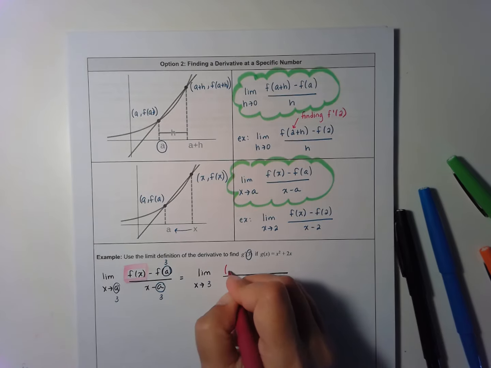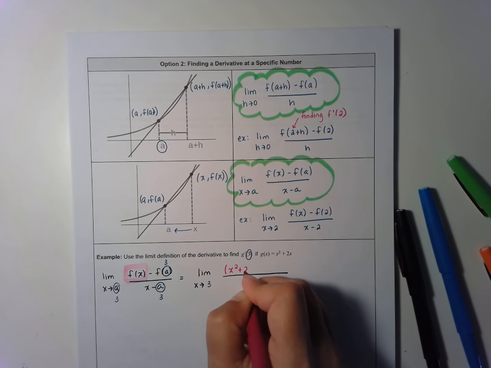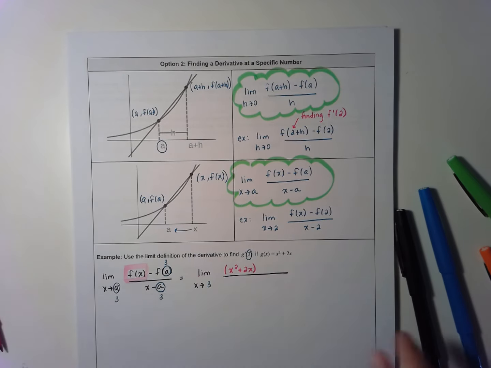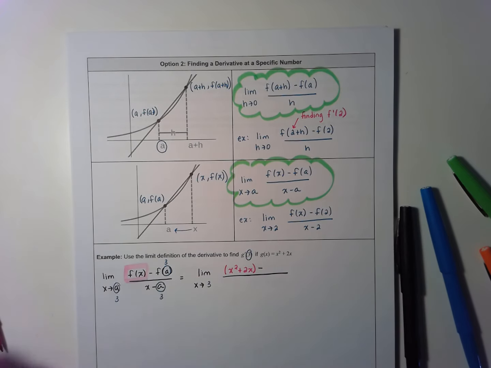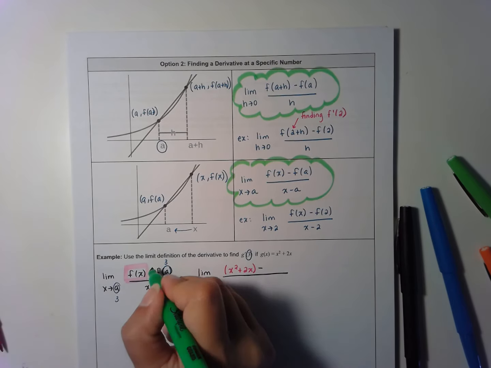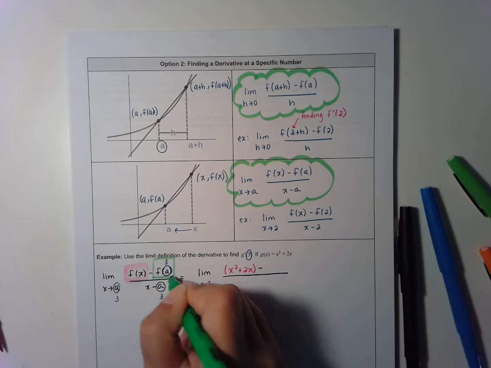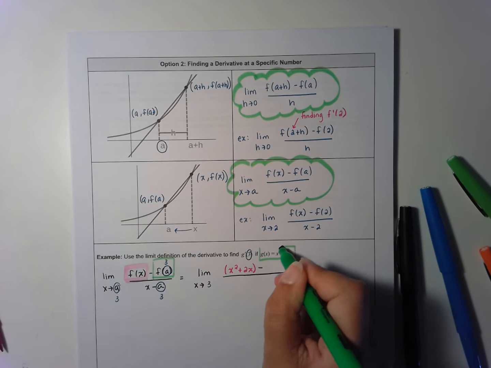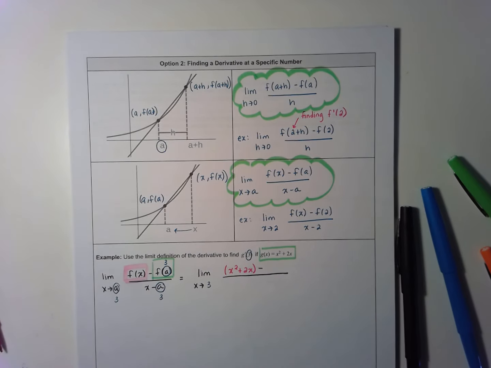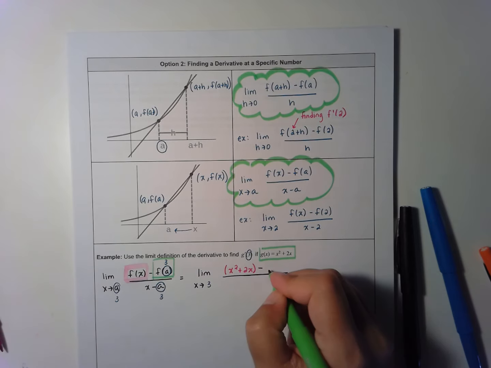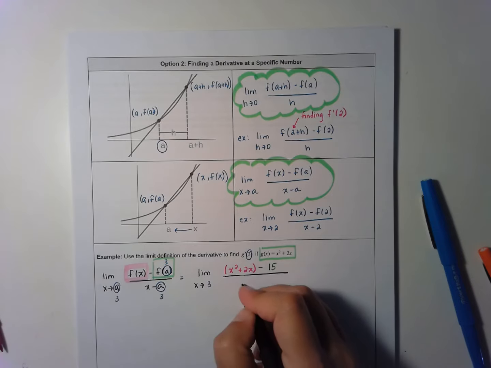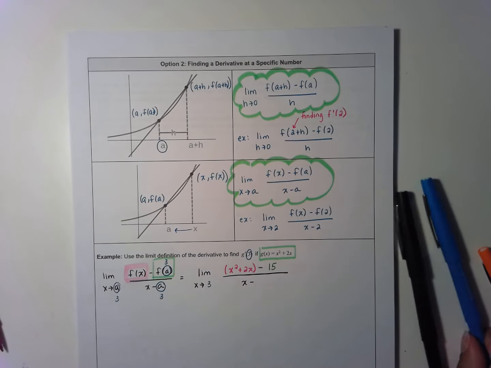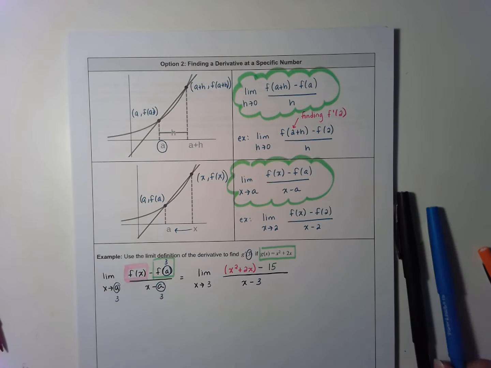So that would be x squared plus 2x minus, now instead of f of 3, I would just take the number 3 and plug it into g of x. So this means plug the number 3 into your actual g of x function. And if you do that, you get 9 plus 6, which is 15. So you'd have minus 15 all over x minus that x that you plugged in, which was 3.